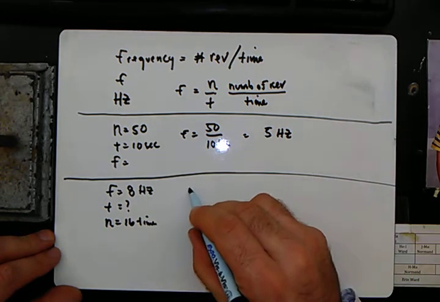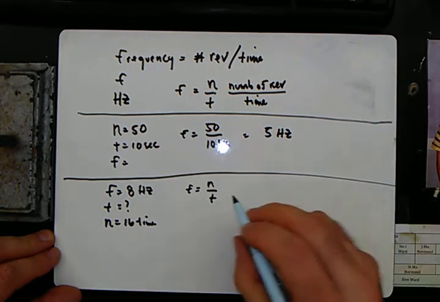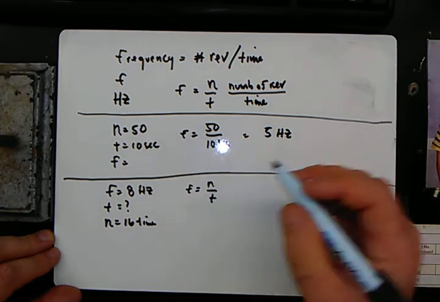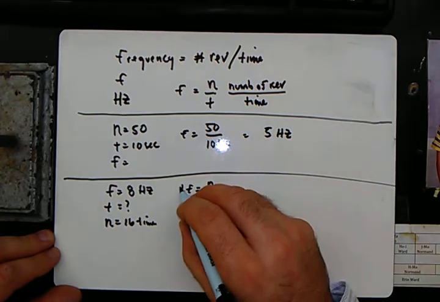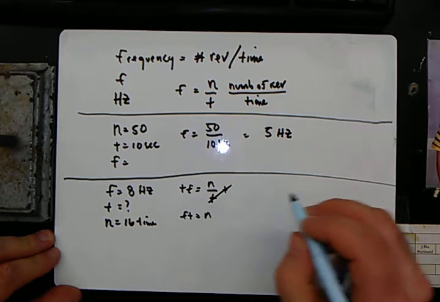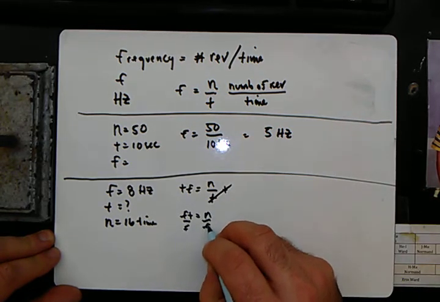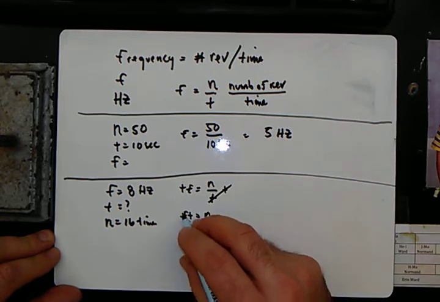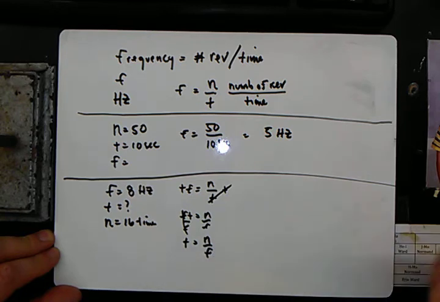So again, F equals n over t. We're solving for t, so we're going to get t by itself. I'll multiply by t. Okay, ft is equal to n. Divide through by f. So t ends up being n over f.